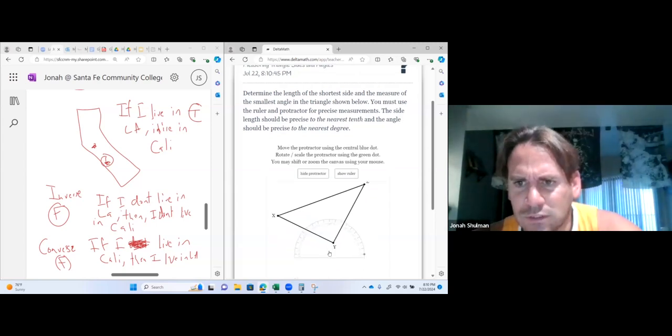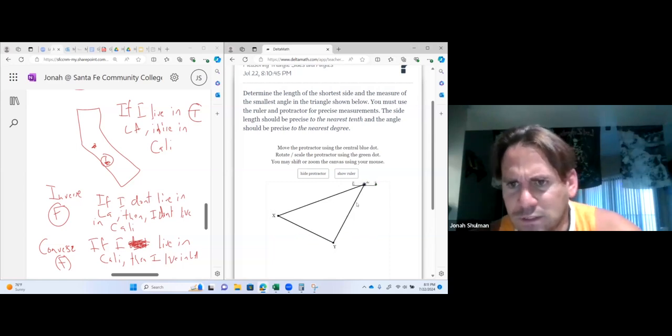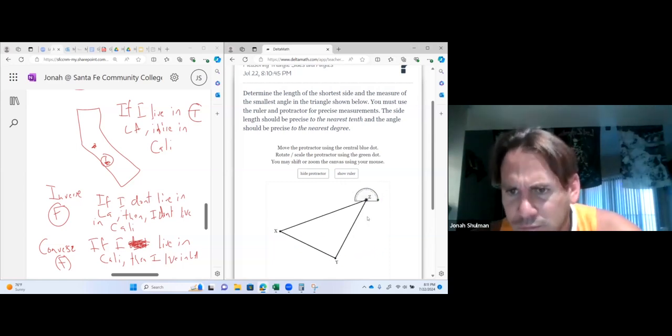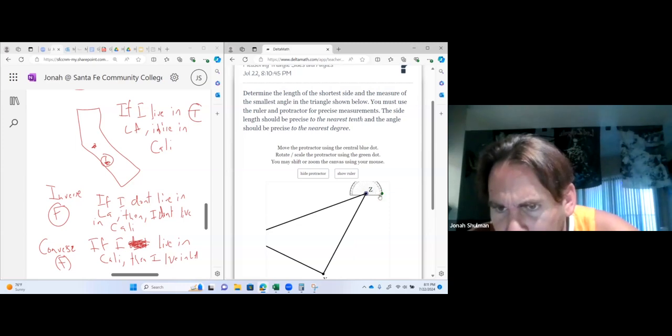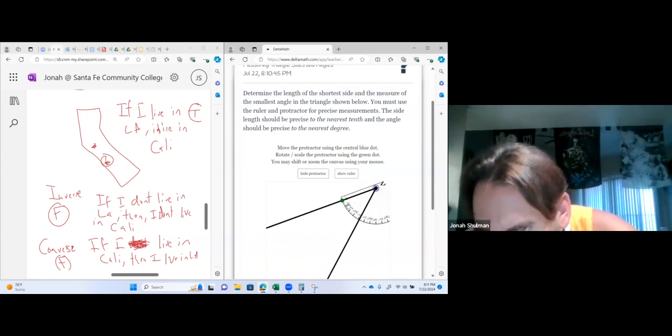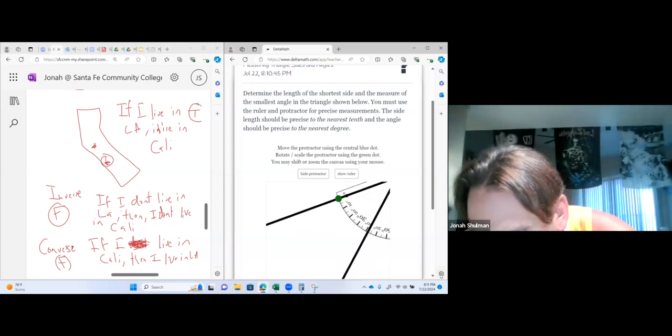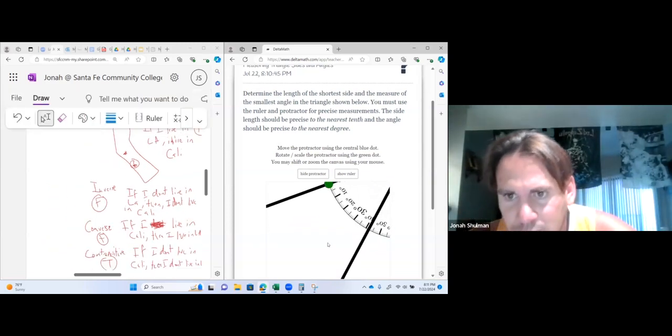Okay, so the shortest side is going to be this one because it's opposite of Z. The shortest side is always opposite the shortest angle. In our case, our smallest angle is 41 degrees.